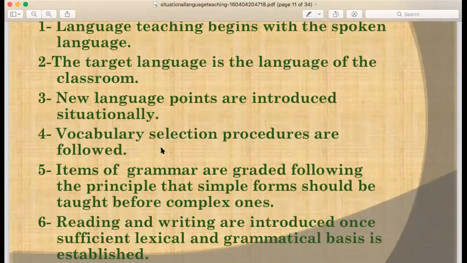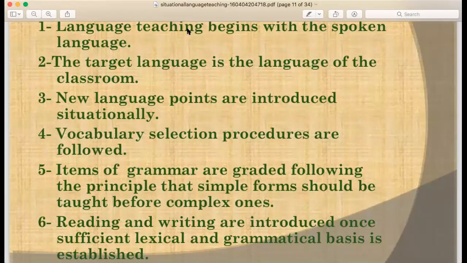Now, items of grammar are graded following the principle that simple forms should be taught before the complex ones. So random grammar is not taught. In the rest of the methods, we saw that someone was teaching the phrasal verb, someone was teaching something else through fill in the blanks, direct and indirect mass nouns and count nouns. So whatever structure the teacher wanted to teach, she used to teach. But here in SLT, the grammar is graded, okay?